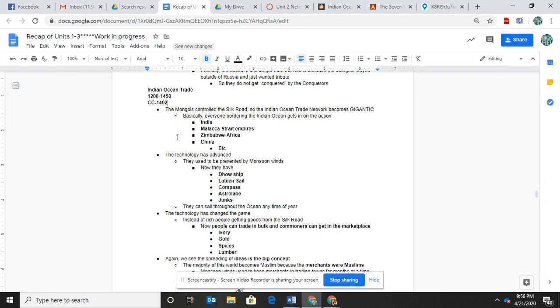The Mongols controlled the Silk Road, so the Indian Ocean Trading Network becomes gigantic. There are a lot of reasons why people turn to the seas. One, you had your camel caravans. They were slow and took a long time. You had to transport luxurious goods because it was so costly to trade on the Silk Road, because it took forever, and they're camels, not ships.